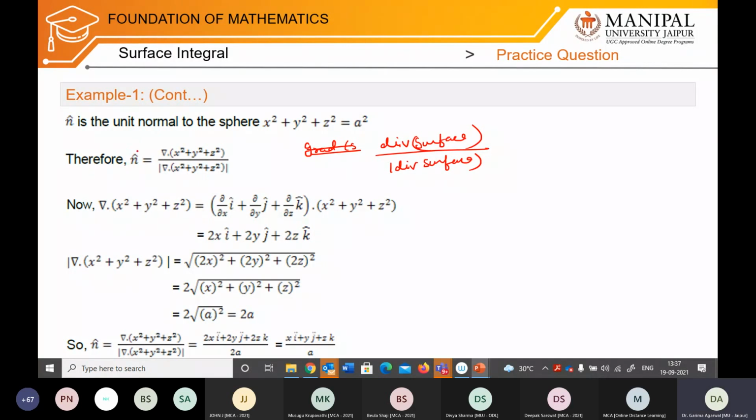That is n cap. Here the surface is the sphere x square plus y square plus z square equals a square. You can write minus a square there, but when we apply the gradient, a square will be 0, right? So we find the gradient of the surface and then its magnitude. This one is the n cap.